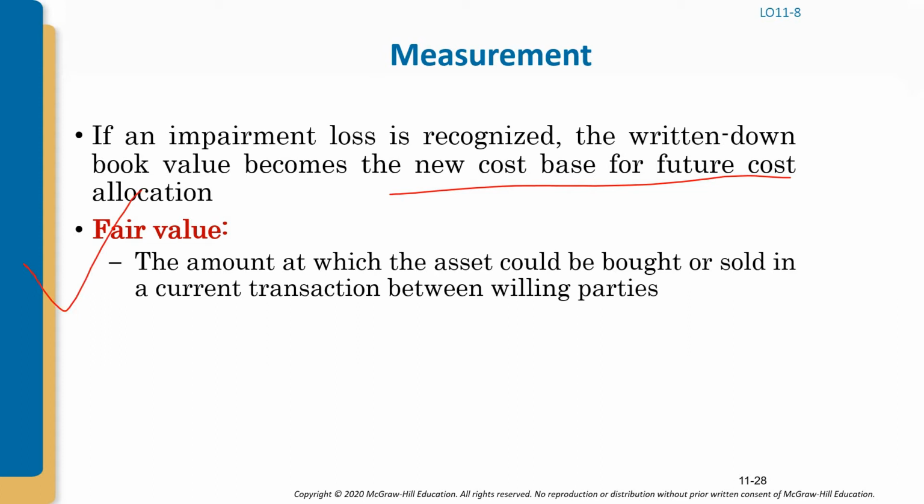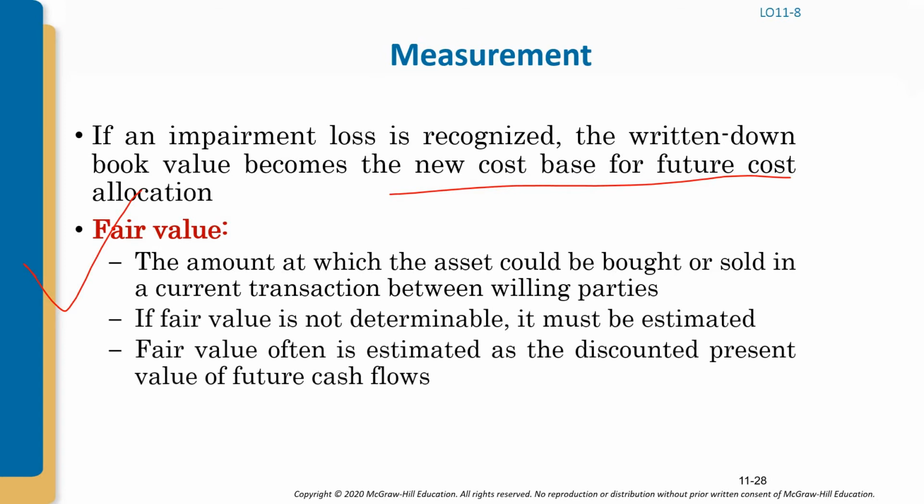And the fair value is the amount at which an asset could be bought or sold in a current transaction between willing parties. If fair value is not determinable, it must be estimated. So in most cases, estimation is done. The fair value often is estimated as the discounted present value of future cash flows.